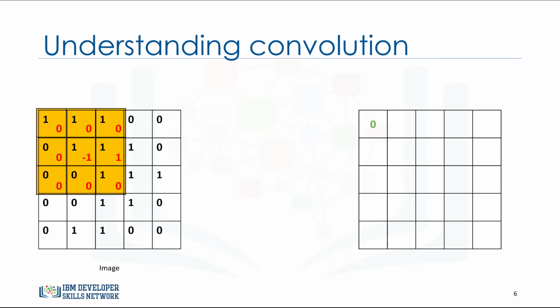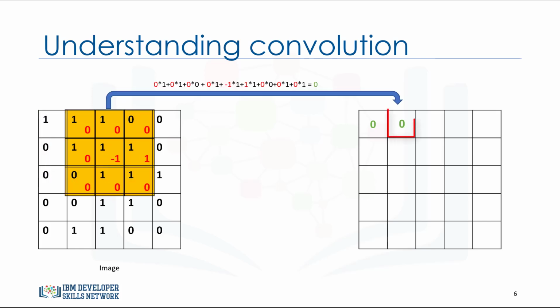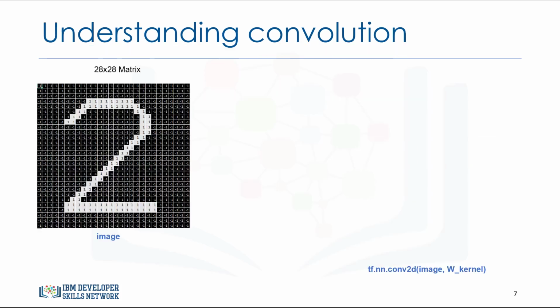Okay, now let's slide the kernel again. It will calculate the second element of our convolved image. We repeat this process to complete the convolved matrix. So, in essence, the convolution function is a simple matrix multiplication, and in this instance, the result shows us the edges of the image.